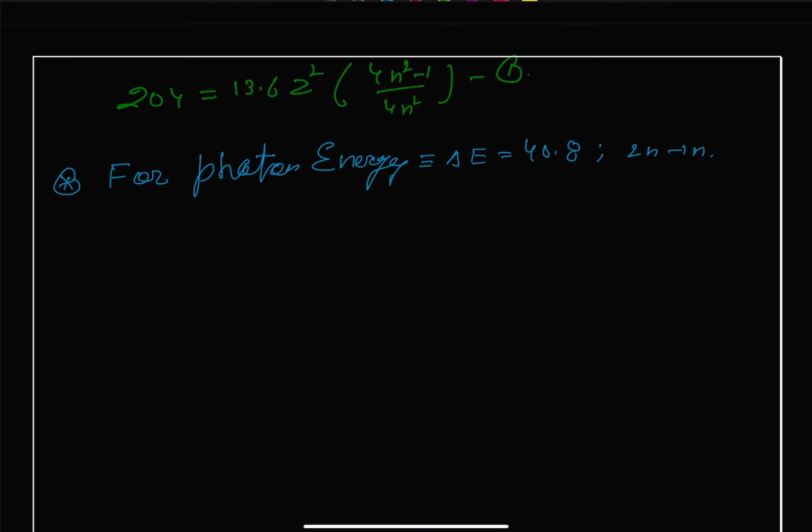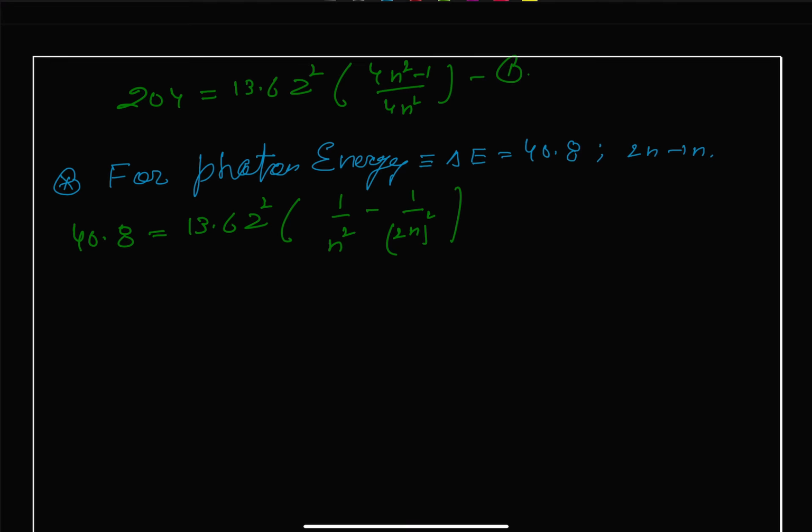Therefore, we can write that 40.8 is equal to 13.6 Z square times (1 upon n square minus 1 upon 2n square).